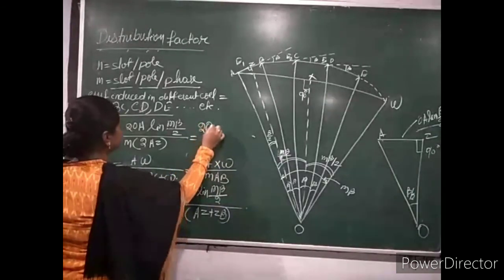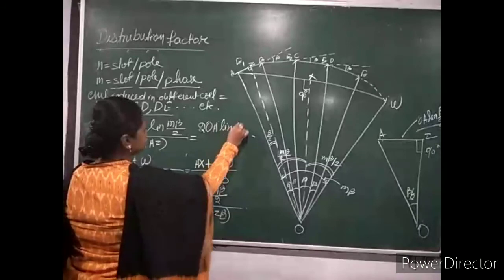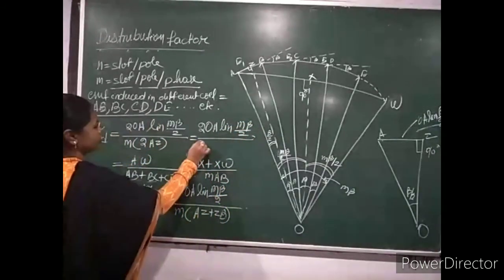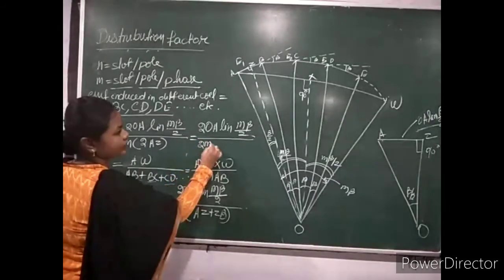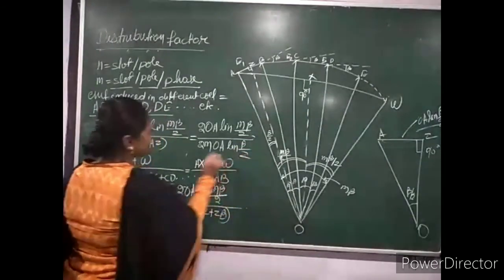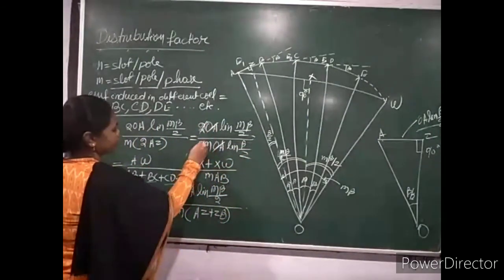I put the value of AZ here. It is sin m beta by 2 over 2m OA sin beta by 2, this part is cancelled.